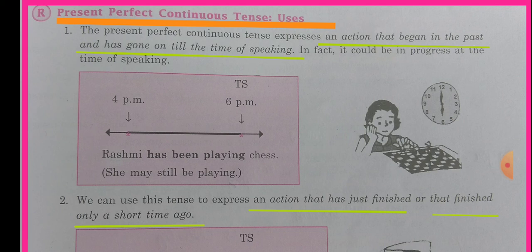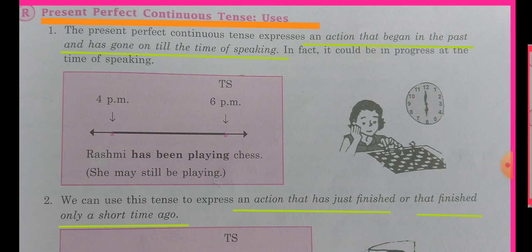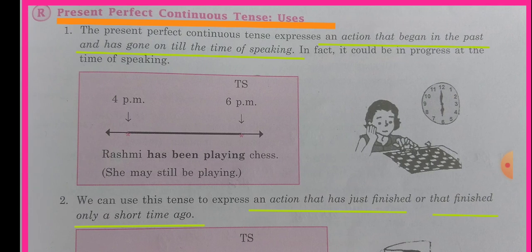So which actions are expressed? An action that began in the past and has gone on till the time of speaking. Such actions are denoted by using present perfect continuous tense. Means an action was started in the past time, but it is still going on at the time of speaking.